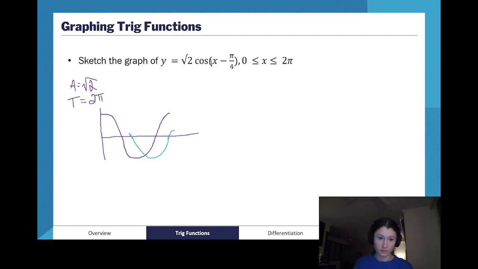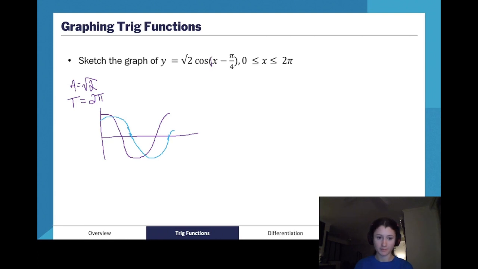And then we just need to figure out where it's going to end up on that y-axis. Now, because it has moved forward, we're actually going to see more of it. So it's actually going to look a little bit like that.